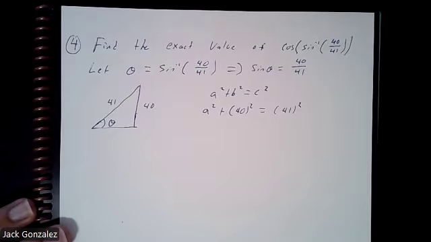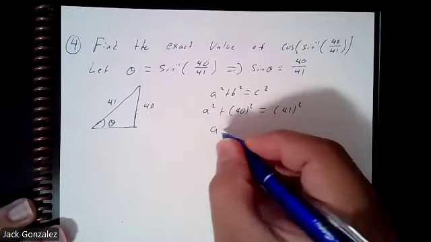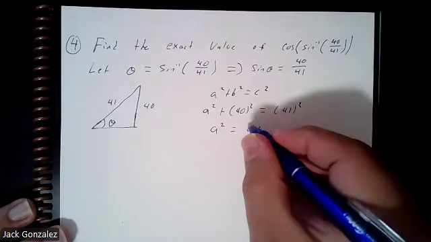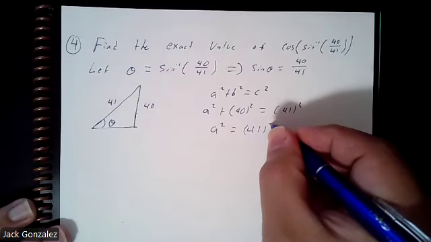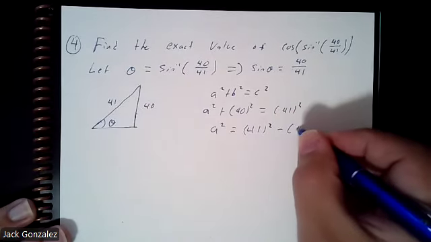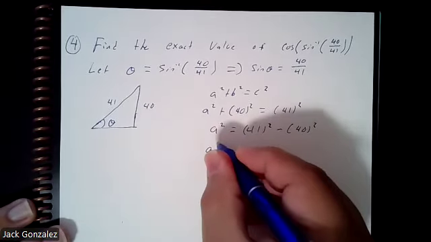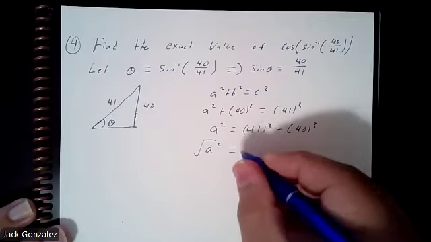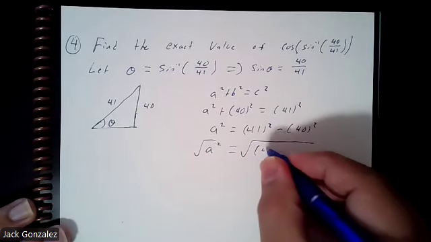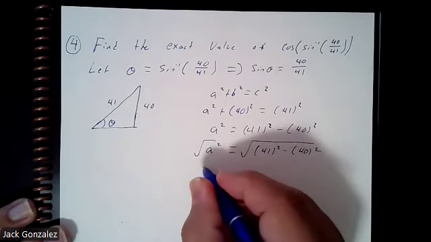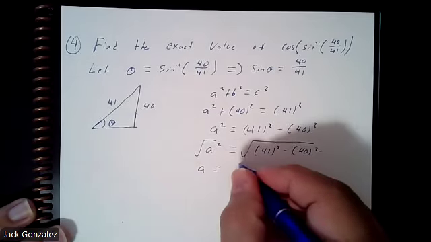Okay, so I'm missing one of the sides. Subtract the 40 over here. Square root both sides. And we get A equal to 9.